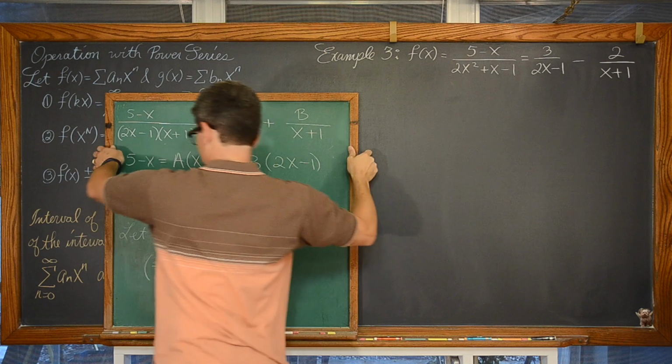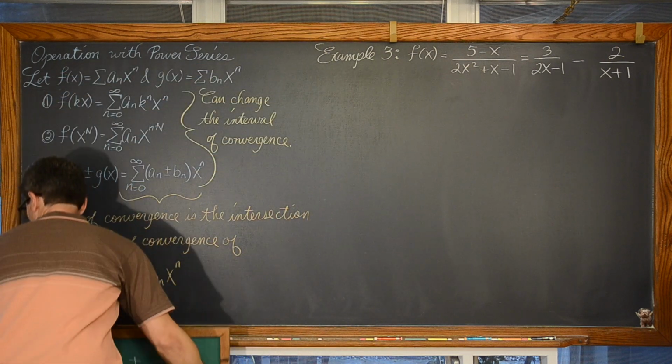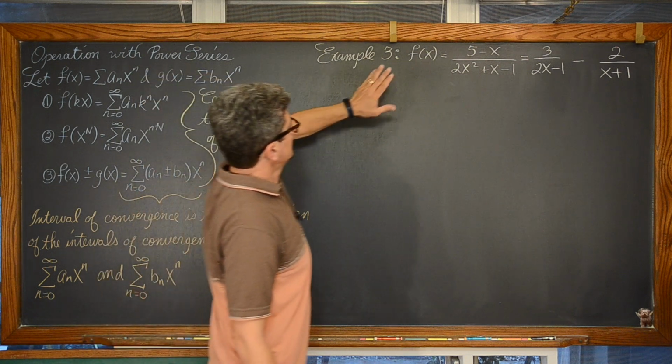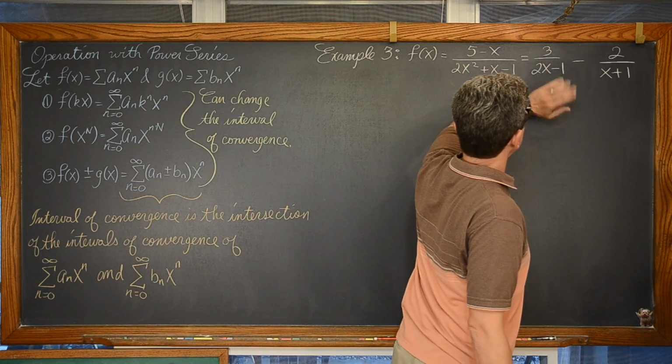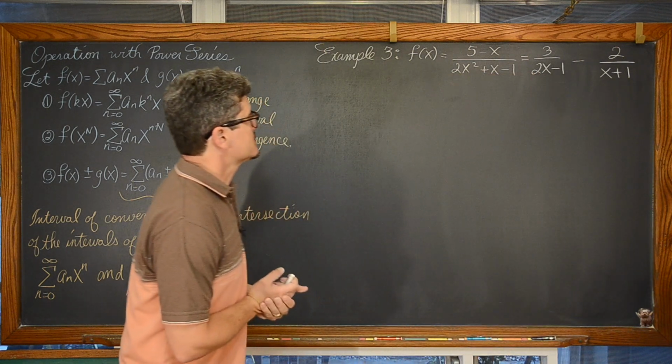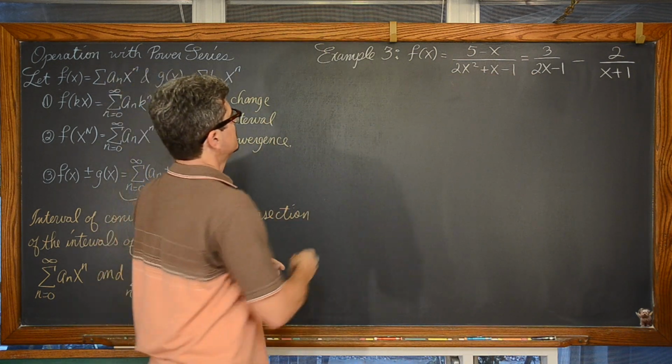All right. f of x is equal to 3 over 2x minus 1 minus 2 over x plus 1.